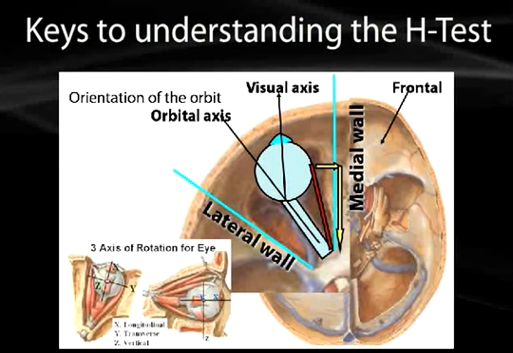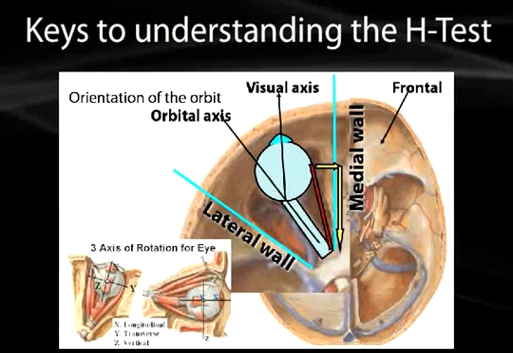You can see the muscles that are attaching off of the orbital ring on the sides of the eye, even though they're on a three-dimensional globe, will pull across one of those axes and only have two-dimensional movements. And the eye itself actually has three axes of rotation, an X, a Y, and a Z axis, which could be a longitudinal, transverse, and vertical.